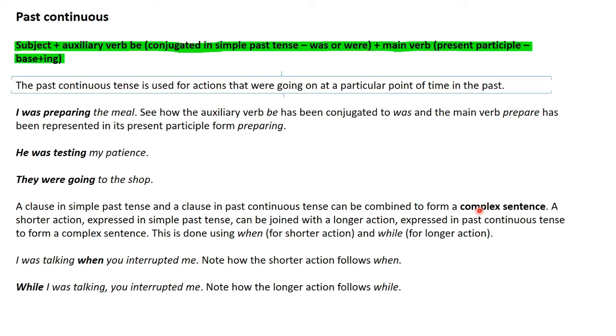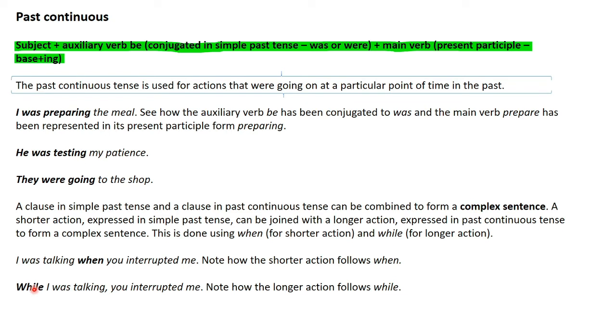One of them is independent, the other one is dependent. You can also say that one is independent and there can be one or more dependent clauses attached to it. Keep in mind that a subordinating conjunction is used to join a dependent clause with an independent clause. When and while are being used as subordinating conjunctions.